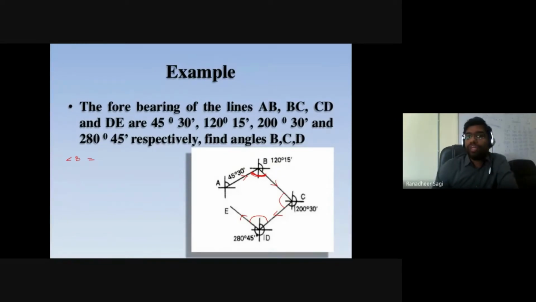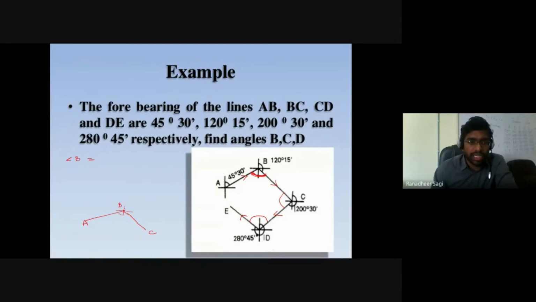the back bearing of your line AB, because if I look at your point B, this is the position of point B. I have this line, and another line like this. This is the BC line, this is the AB line. Now, how much is this angle at point B?